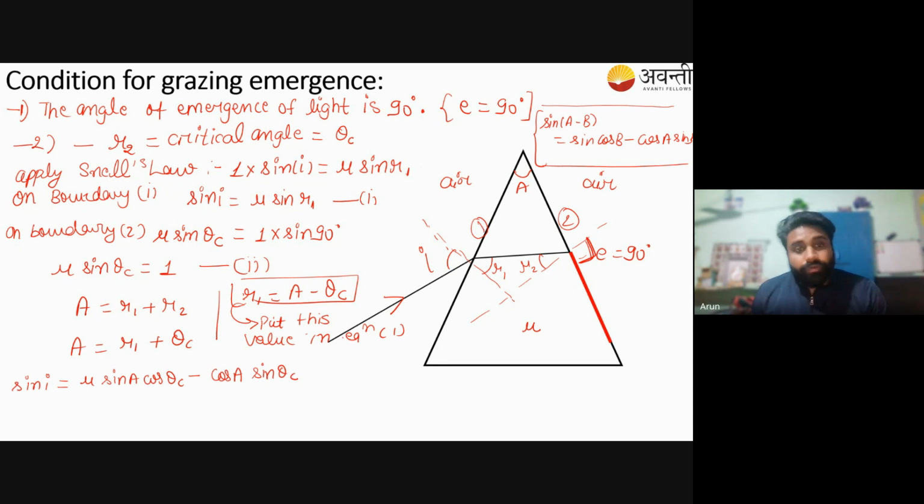What will be the value of cos theta c? You can again use this relation, sin square theta c plus cos square theta c equals to 1.